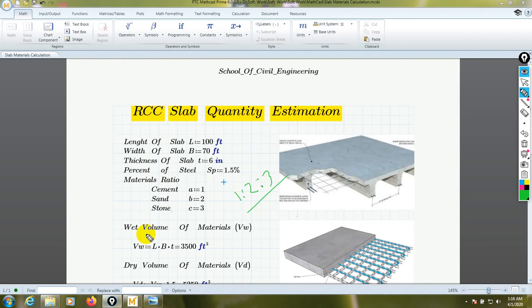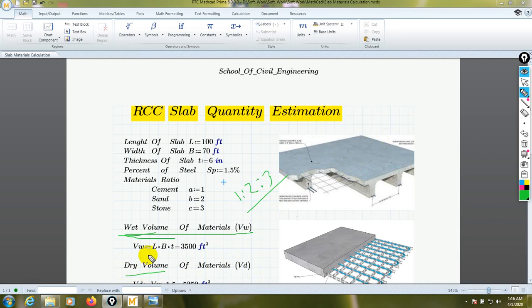Now, if we calculate the wet volume of materials, there are two terms, wet volume and dry volume. Wet volume means the exact volume of the structure, because when we mix water with our dry materials, the volume shrinks.